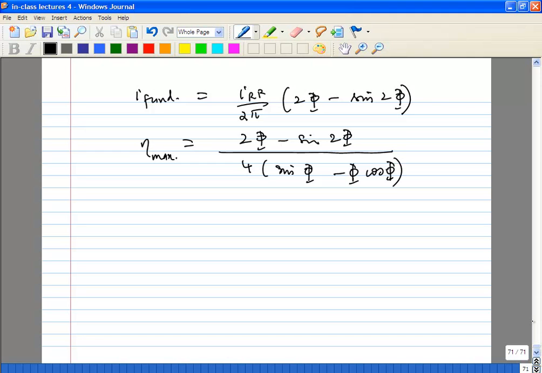So if you try to get maximum efficiency from this, you keep tending. It so happens that you'll get a value of 100% when phi is actually 0. So obviously you don't have any output power. So that's an obvious problem. So the trade-offs are not very different in this amplifier. It is just a natural extension of your class A and class B.